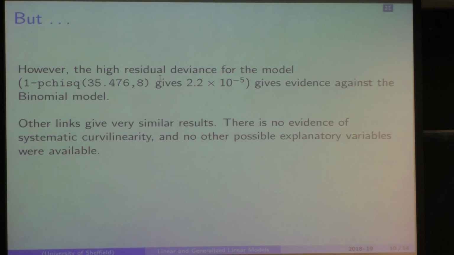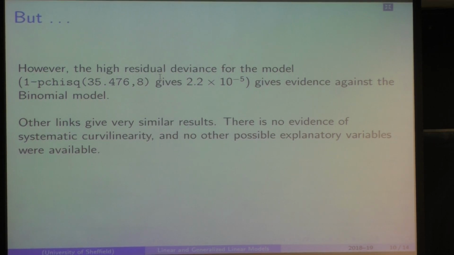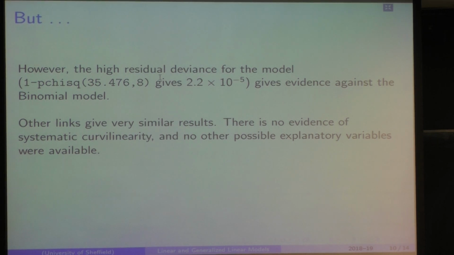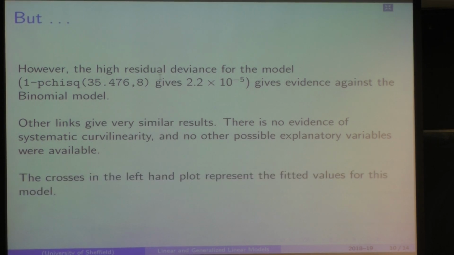You could try polynomial terms, so you could try to fit a quadratic or something like that, or even a log. However, if you look at the actual results that we got, the plot against the probit, it looks like a straight line. So there's really no reason to think that that's going to help. So it looks like there's a genuine problem with the binomial model here.